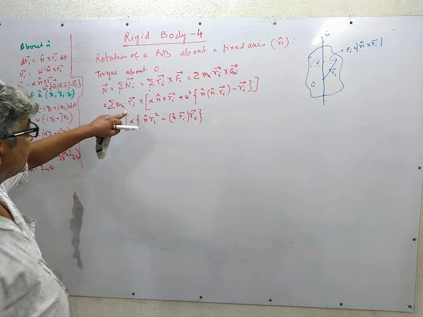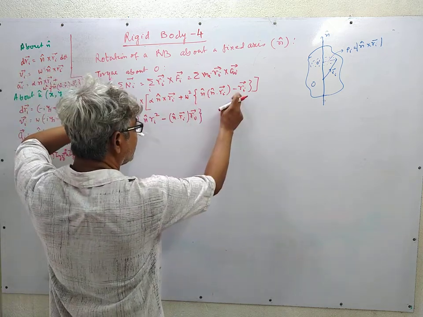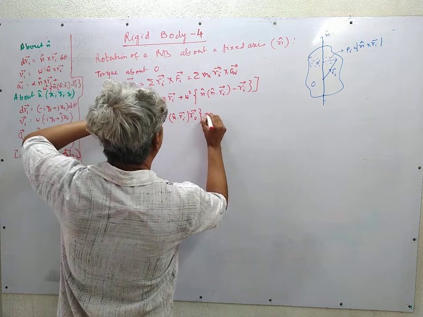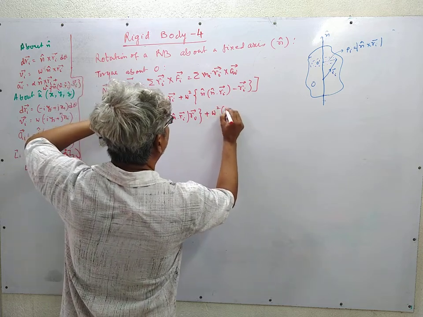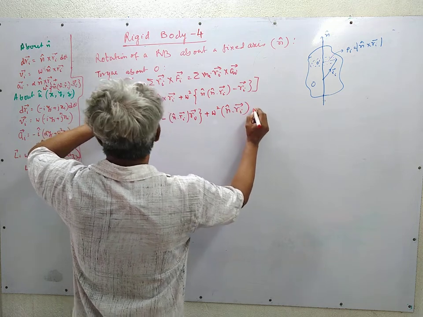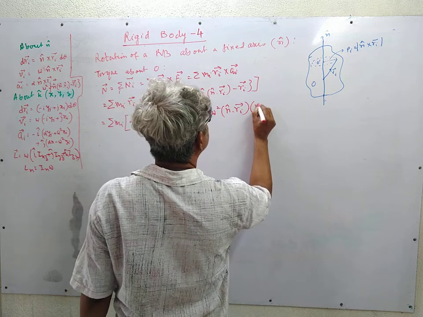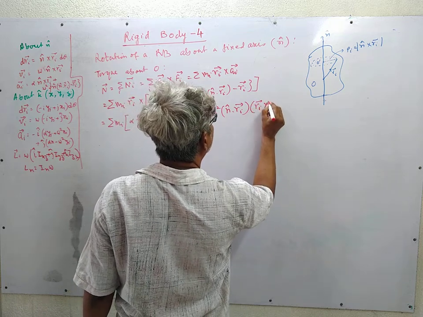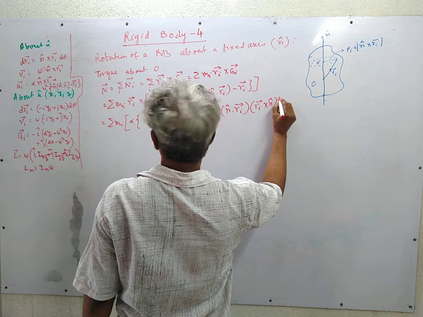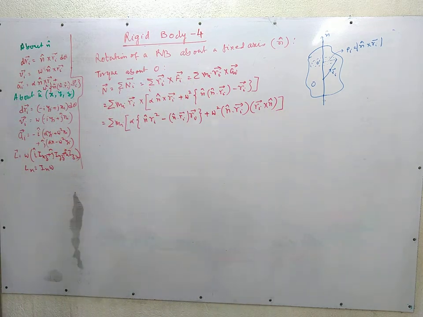If you cross this, there are two contributions, one from there and one from there, which cancel to 0. So we write omega square n dot r_i times r_i cross n. This is the general expression for the torque.